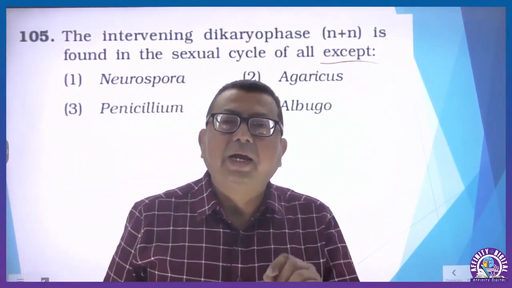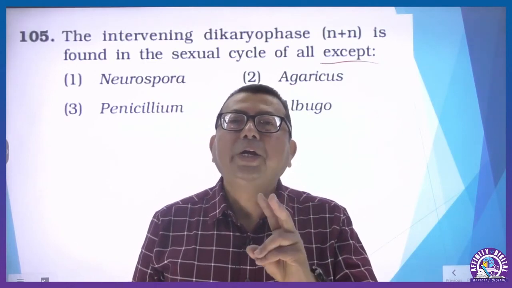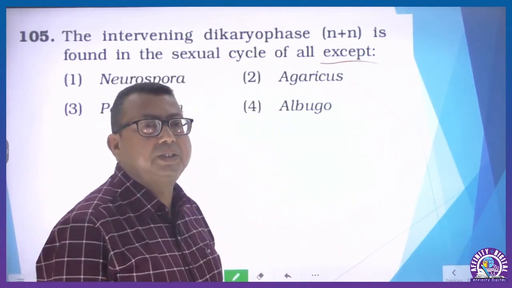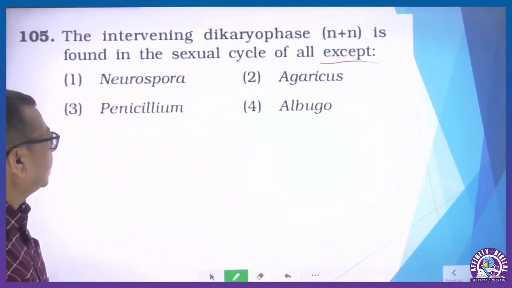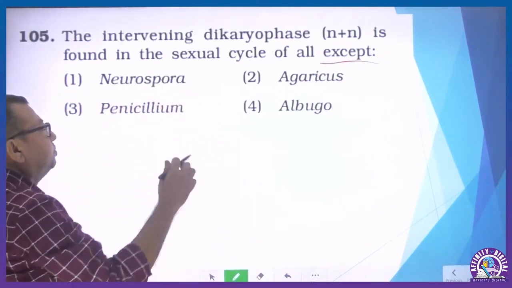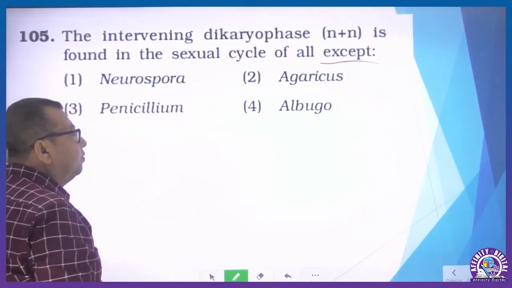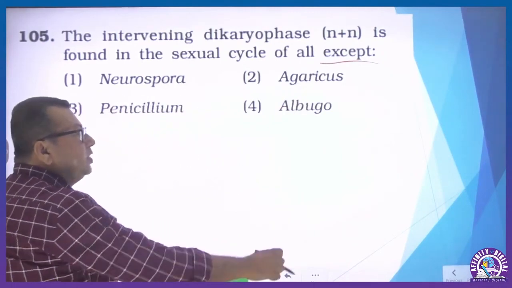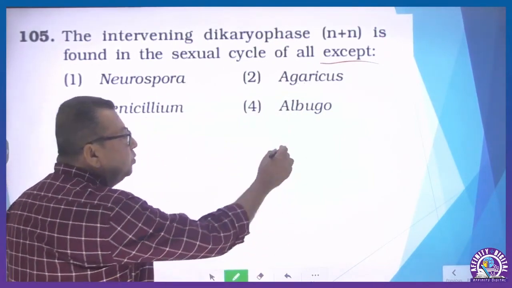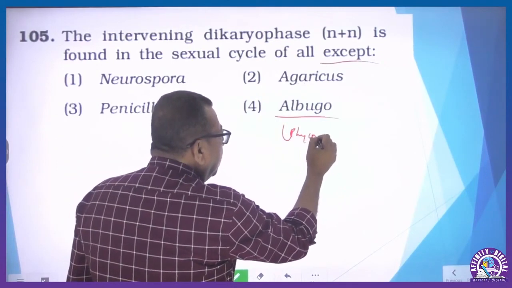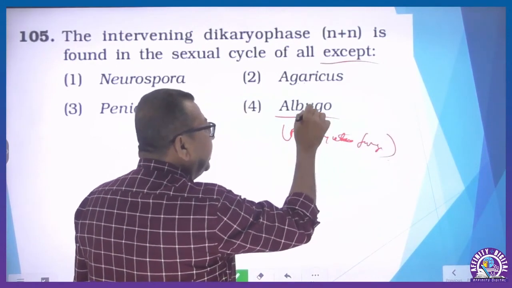See, the intervening dikaryophase is found in the sexual cycle of the fungi belonging to Ascomycetes and Basidiomycetes. In the fungi of Phycomycetes, there is no dikaryotic phase. So which of these options is an Ascomycetes fungus, and which is a Basidiomycete? Neurospora is an Ascomycetes fungus, intervening dikaryophase present. Agaricus belongs to Basidiomycetes, so intervening dikaryophase present. Penicillium belongs to Ascomycetes, intervening dikaryophase is present. Albugo is a Phycomycetes fungus. So intervening dikaryophase is not found in Phycomycetes fungi.